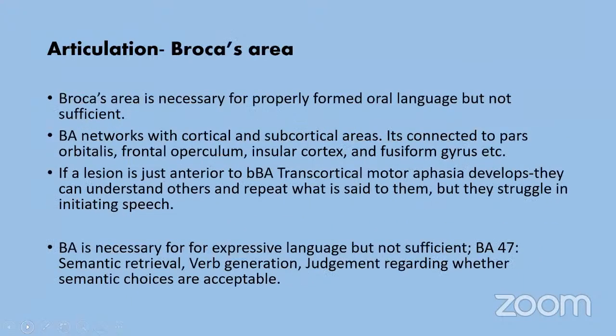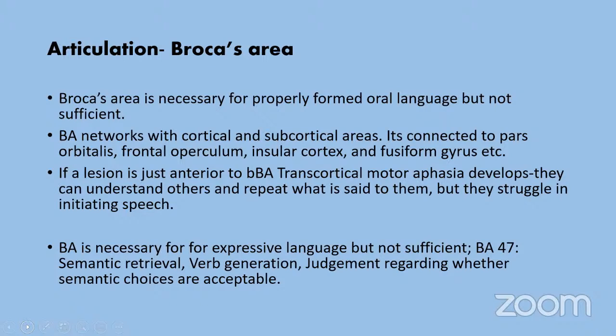Broca's area is necessary for properly formed oral language, but it is not sufficient. It has to be networked with surrounding areas. So it networks with cortical and subcortical areas and is connected to the pars orbitalis, frontal operculum, insular cortex, and fusiform gyrus, etc. If there is a lesion just anterior to Broca's area, transcortical motor aphasia develops, and these people can understand others and repeat what is said to them, but they struggle to initiate speech, like in Broca's aphasia.